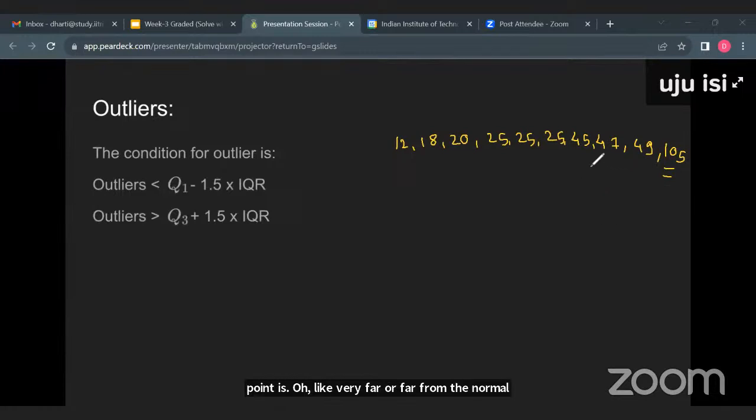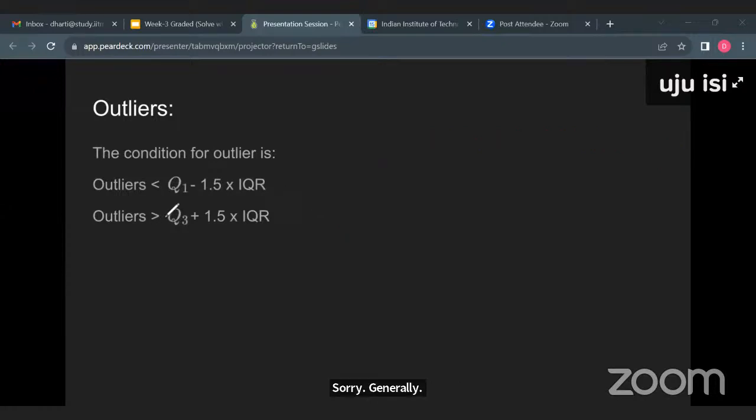But how far, how much far? For that we have one relation. Generally, outliers are less than the first quartile minus 1.5 into the interquartile range, or they are greater than the third quartile plus 1.5 into IQR.